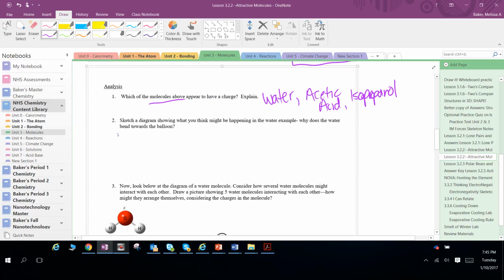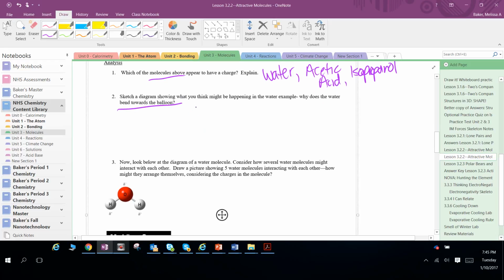Why does water bend toward the balloon? Well, when you've got this negative charge here on the balloon, there must be something going on with the water molecules. They must have some sort of partial positive charge attracting them over. So let's really look at a water molecule.